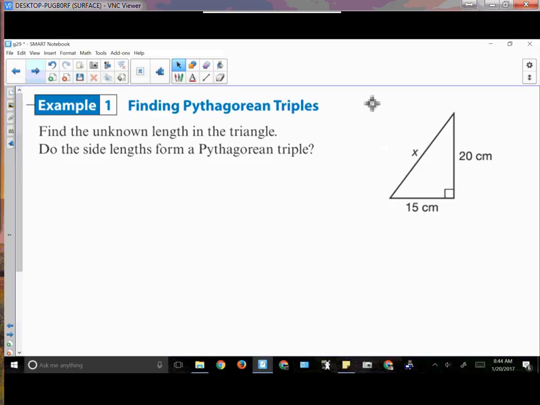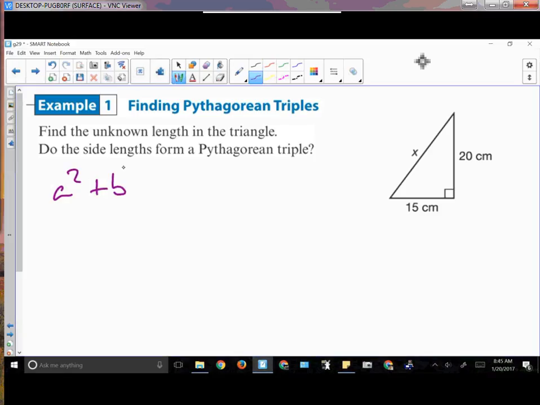So let's go through and do this. We want to find the unknown length of a triangle, and then see if the side lengths actually form a Pythagorean triple. Now remember that it is a squared plus b squared is equal to c squared.